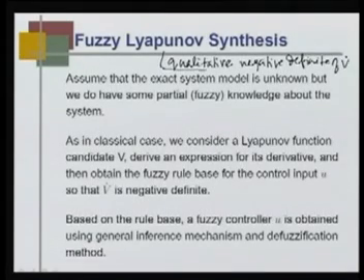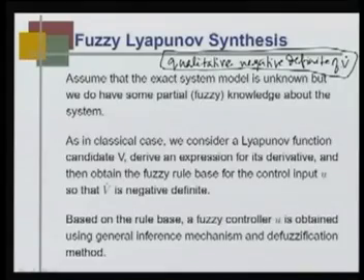This is the difference: qualitative negative definiteness of V dot instead of quantitative. The actual Lyapunov function approach to test the stability of a system is to find quantitatively that V dot is negative definite, but now we are talking about a concept called qualitatively, whether we can make V dot negative definite.